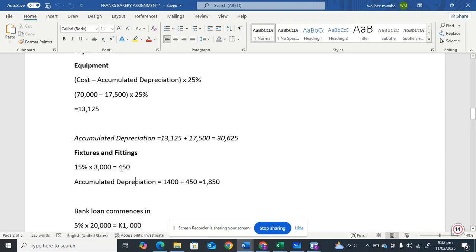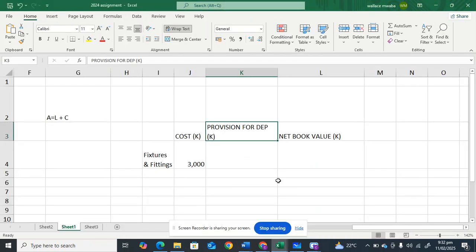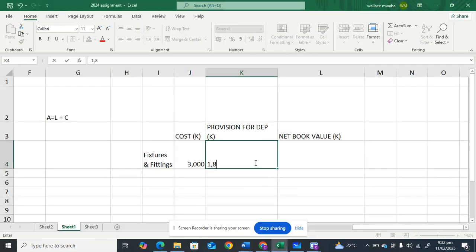So for fixtures and fittings, our depreciation was 450. And we had an opening provision of 1,400. So we added these two together and we get 1,850. So our provision for depreciation is 1,850.